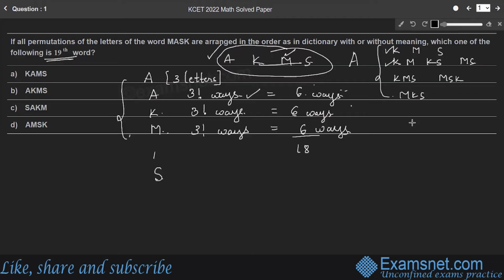The number of words that can be arranged starting with S is again factorial 3 ways.